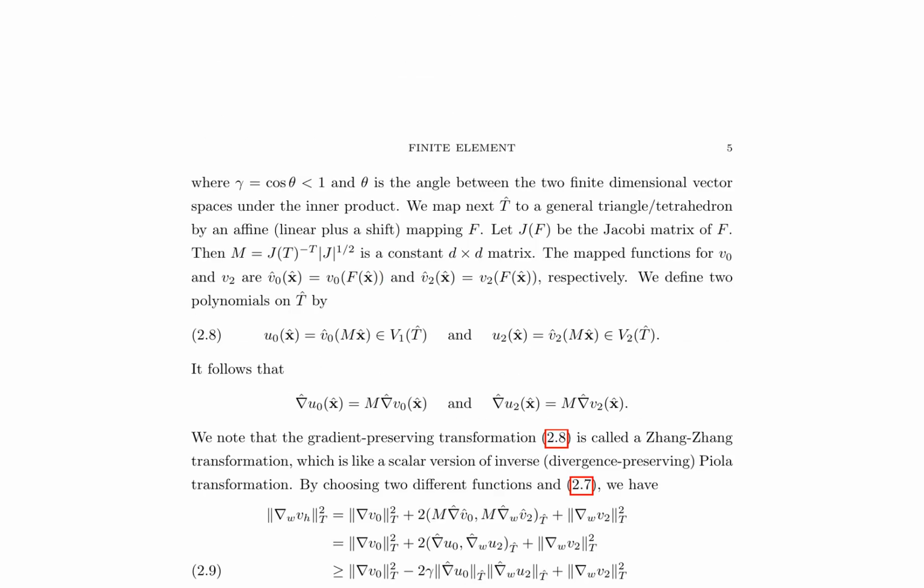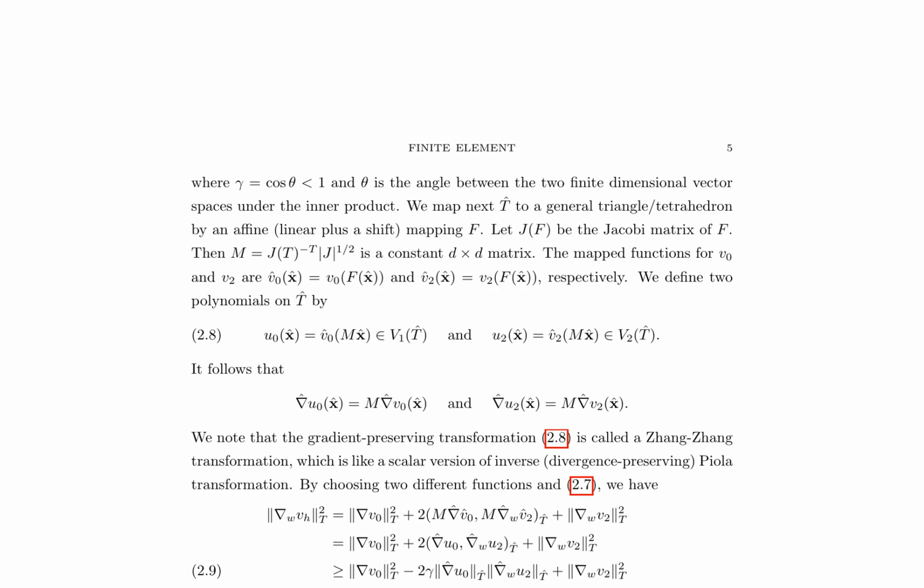The finite element method is employed in this study, where a general triangle or tetrahedron is mapped from a reference element T via an affine mapping F, with Jacobi matrix J, F. The mapped functions V0 and V2 are defined, and subsequently, two polynomials U0 and U2 are constructed on T using the Zhang transformation, a gradient-preserving transformation akin to the scalar version of the inverse Piola transformation.